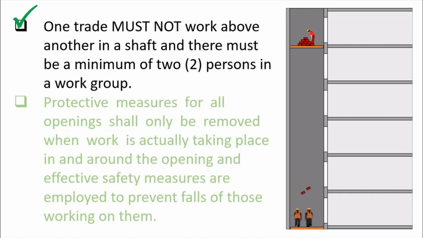For example, if something happens to one person, at least someone can help him or call emergency services to rescue him, because a lift shaft is also considered a confined space, remote area, restricted area, and so on. In this illustration on the right, someone working on the top accidentally dropped some bricks that hit the person below.